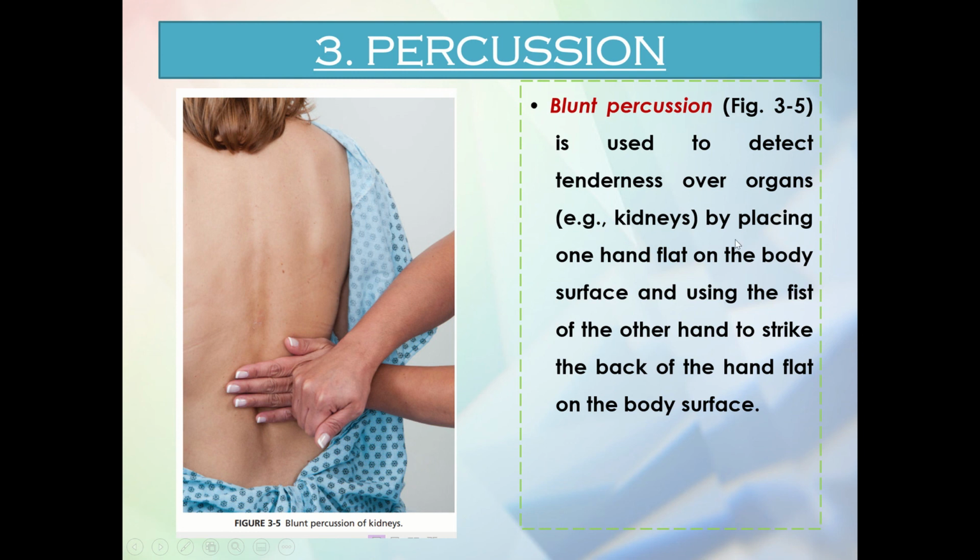So, we place one hand flat on that area on the body surface and use the face of the other hand to strike the back of the hand flat on the body surface. So, ini-strike natin to, tinatap natin yan. Again, the purpose is to elicit pain. Tinitingnan natin if may pain na mararamdaman or tenderness si pasyente. So, that is blunt percussion.